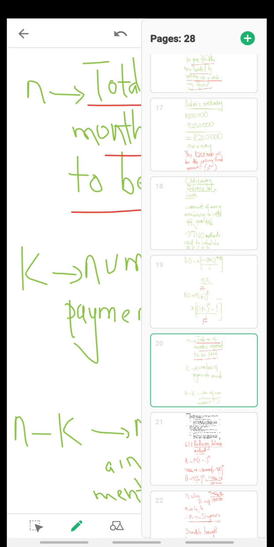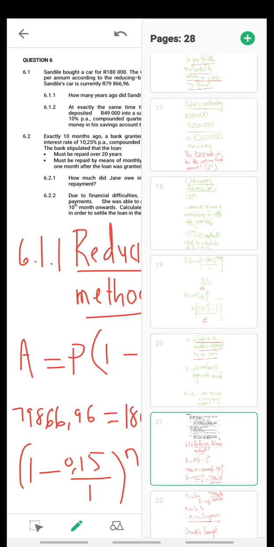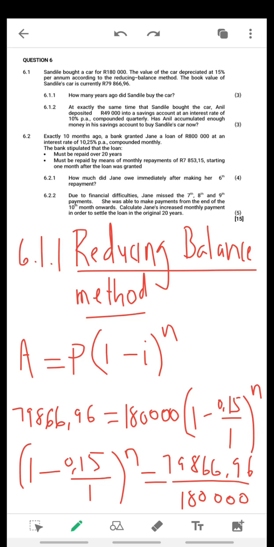Now let's go back to the question that we had and try to answer it. Sandile bought a car for 180,000. The value of the car depreciated, underline depreciated, meaning we must go to the decay formula, at 15%, underline, this is your I, per annum according to the reducing balance.